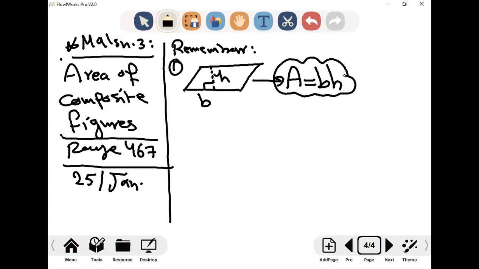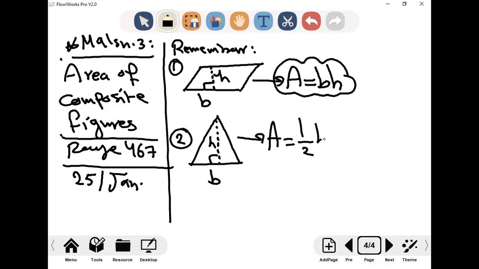The second is triangle. Now in the triangle also we have base and we have the height. And the height always, if you want to search for the height, look for a right angle at the end of the line segment. Without a right angle, you cannot say this is the height. So here the area of the triangle is A equal half BH. Why half?